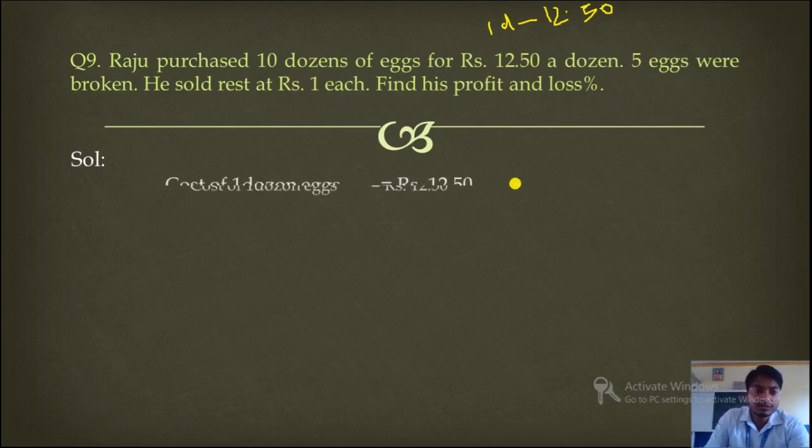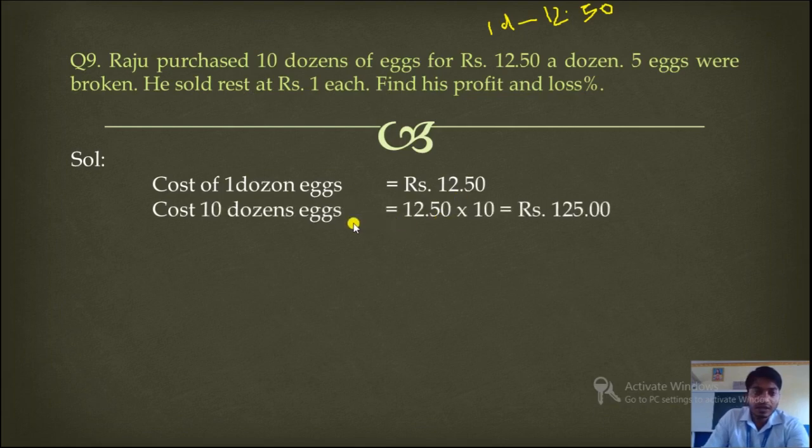So first, cost of 1 dozen eggs is given, that is 12.50. Then cost of 10 dozen eggs will be 12.50 into 10. When we multiply, we'll get here 125.